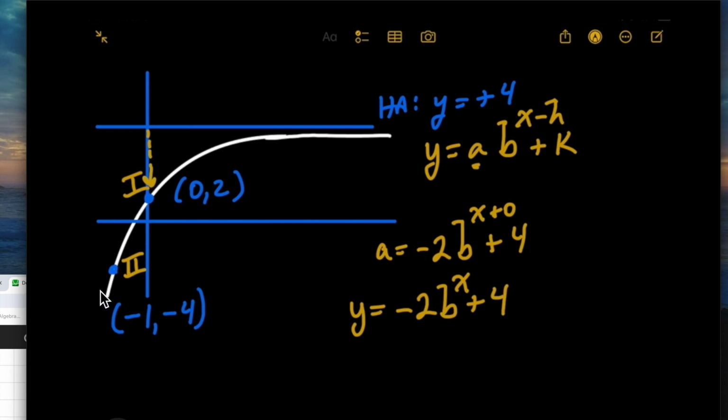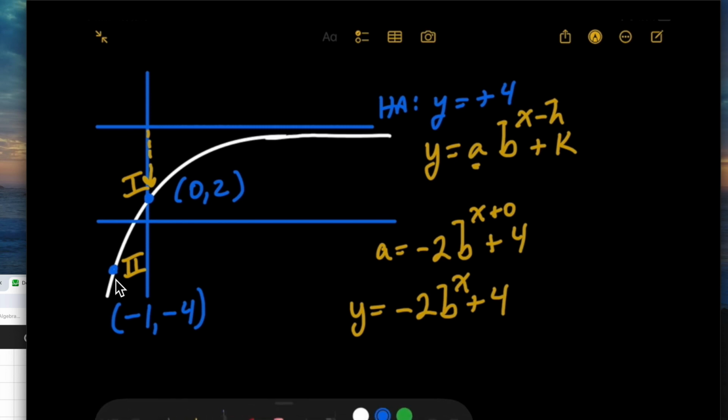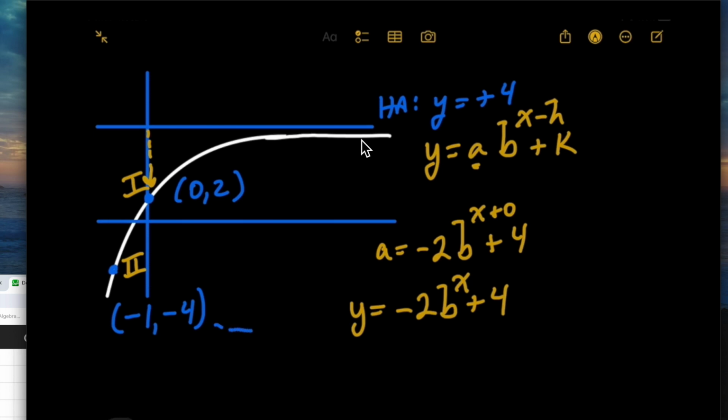Okay, now we're going to use Roman numeral 2, which again is further from the horizontal asymptote, to get our b value. And we know our b value is going to be a fraction less than 1 because this is a decay function that approaches the HA from beneath. Okay, so we're going to plug in our Roman numeral 2.